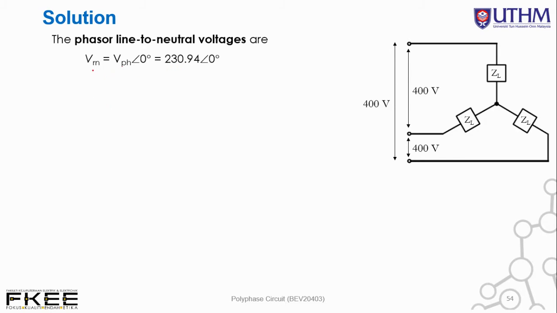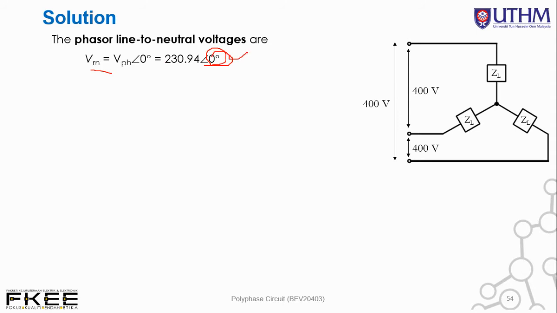So the phase line to neutral voltage VRN equals V phase. So remember, this is the reference, so reference always comes with 0 if not stated otherwise. Unless it's stated in the question that your reference has a certain angle, then you should write it here. But commonly, if the question asks you to take VRN as your reference without any specific degree, you should start with 0.